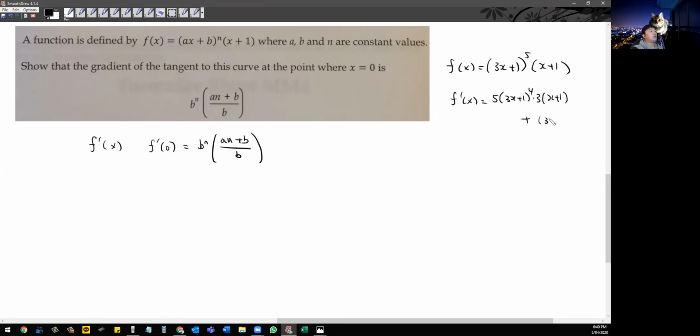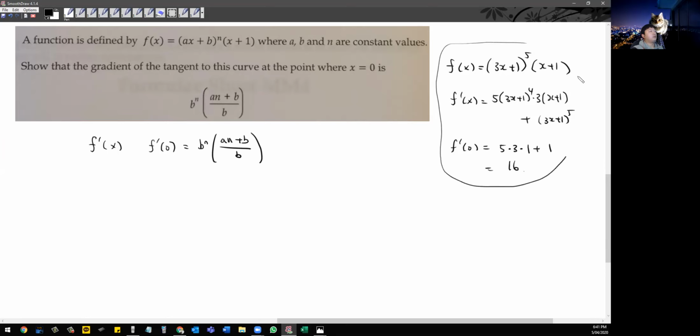So it's just going to be 3x plus 1 to the power of 5. And then you just have to plug in 0. Then you can get the answer, right? So it's just going to be 5 times 3 times 1, if you plug in 0 there, plus it'll be 1. So it'll be just 16.